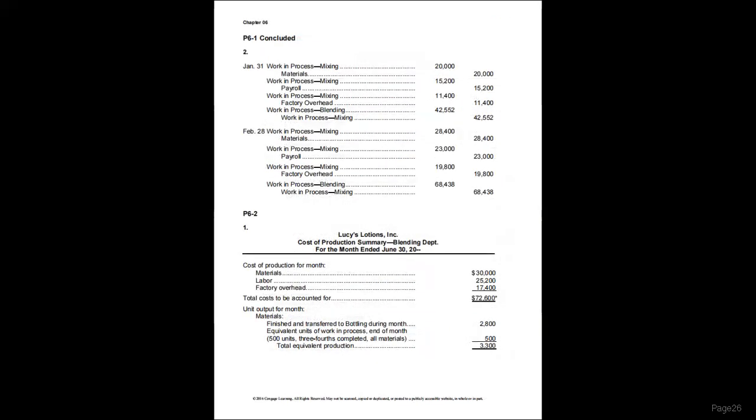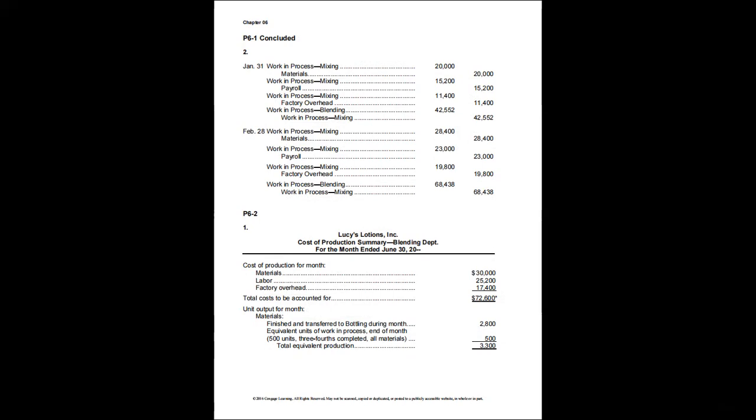Now, for the journal entries on January 31, we record debit to work in process mixing and credit materials, work in process mixing and credit payroll, and work in process mixing and credit factory overhead for the cost given in the problem for the cost incurred during the month.